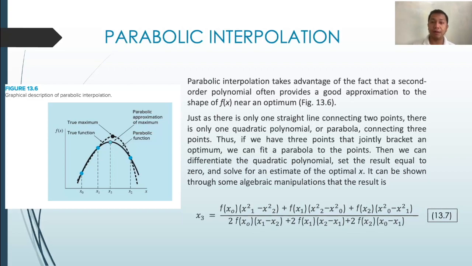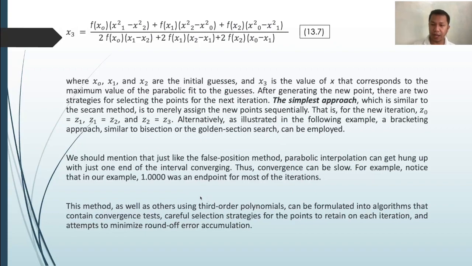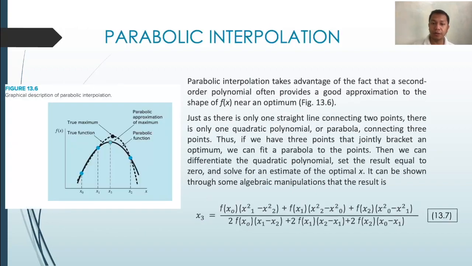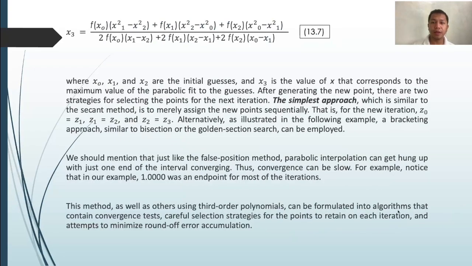It can be shown through some algebraic manipulation, but the result is this. x3 is equal to f(x0) times the quantity x1 squared minus x2 squared, plus f(x1) times the quantity x2 squared minus x0 squared, plus f(x2) times the quantity x0 squared minus x1 squared, over 2 f(x0) times the quantity x1 minus x2, plus 2 f(x1) times the quantity x2 minus x0, plus 2 f(x2) times the quantity x0 minus x1.